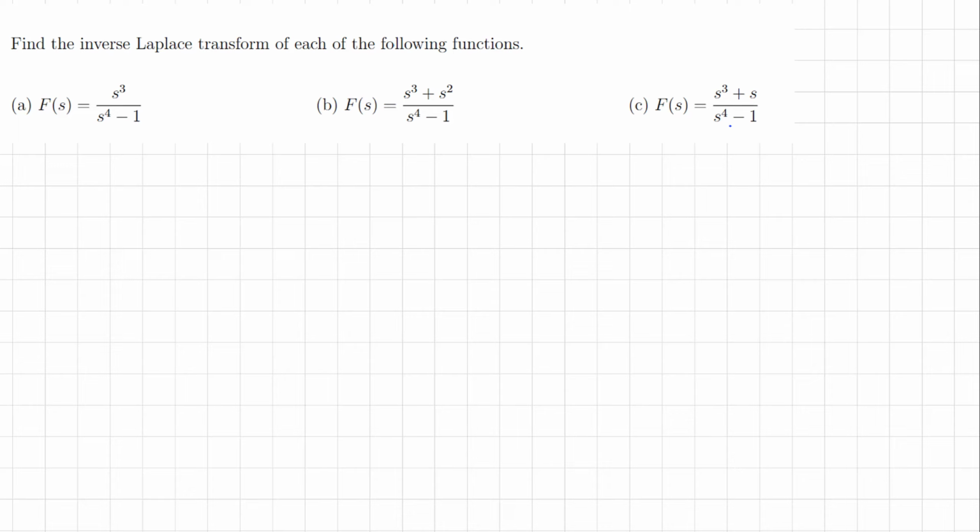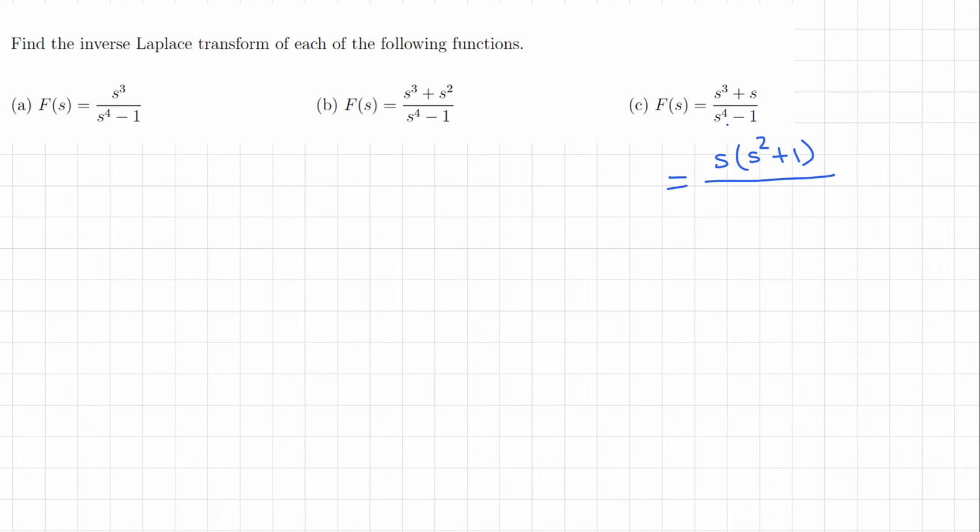So let's simplify the top and bottom. On the top, we can factor s out, that leaves s squared plus 1. The bottom is s to the fourth minus 1. 1 is also 1 squared, and s to the fourth is s squared squared.